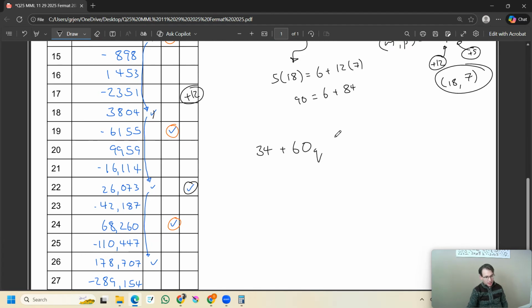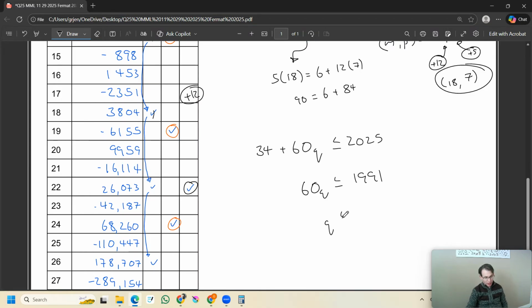If this is less than or equal to 2025, we have ourselves a solution. So let's move over that 34. We have 60q is less than or equal to 2025 minus 34, which is a fancy way of saying 1991.